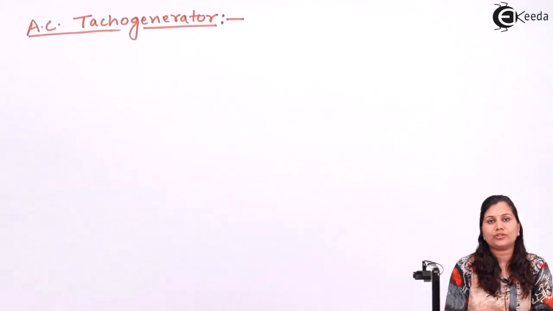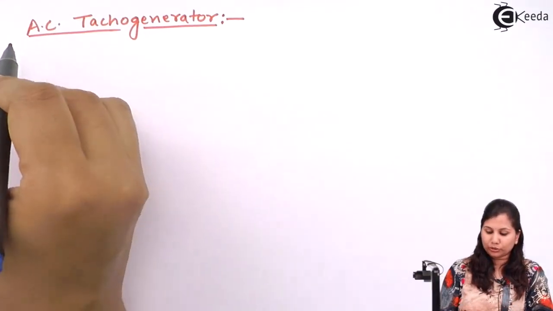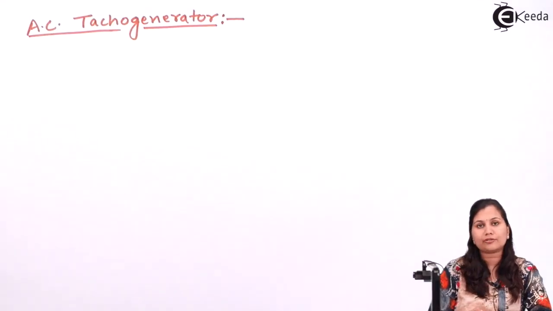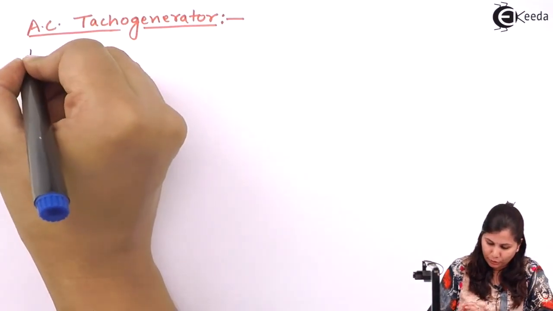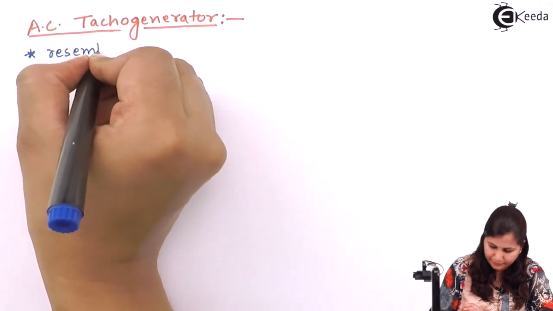As the DC tacho generator, we have studied, resembles a motor, the AC tacho generator also resembles an induction motor, and this induction motor is a two-phase induction motor.